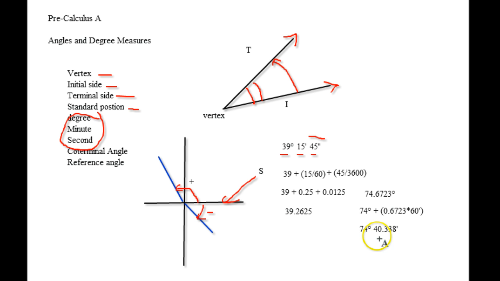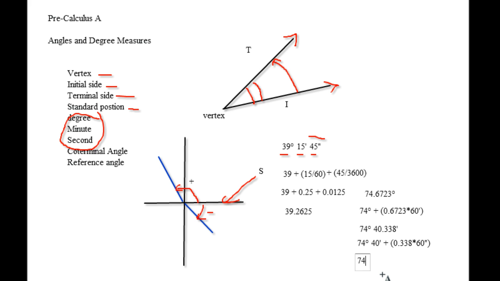Okay, now if you notice I still have a decimal, so I'm going to convert that to seconds: 0.338 times 60 seconds. I'm going to convert that to its own seconds version.